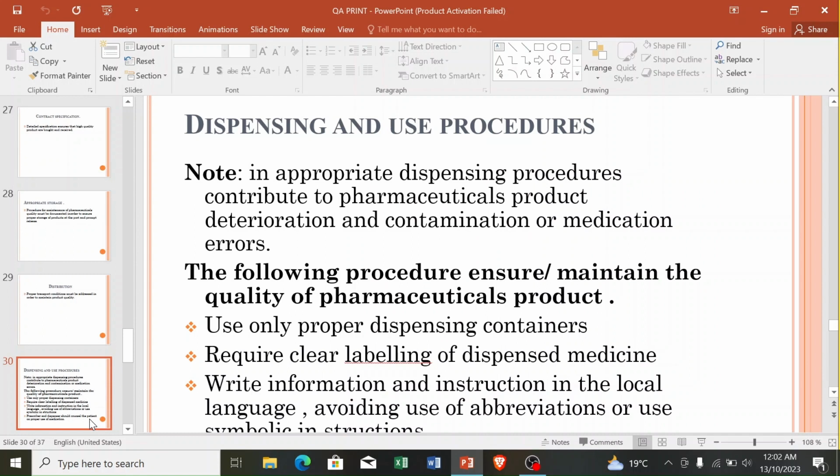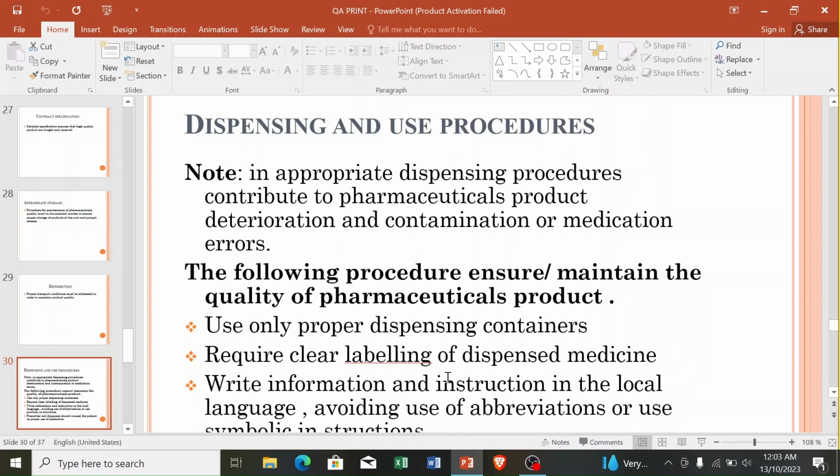And then the next one, how quality is assured, is at dispensing and how the procedures are explained. Inappropriate dispensing procedures contribute to pharmaceutical product deterioration, contamination and medication errors. The following procedures ensure and maintain the quality of pharmaceutical products. Use only proper dispensing containers.